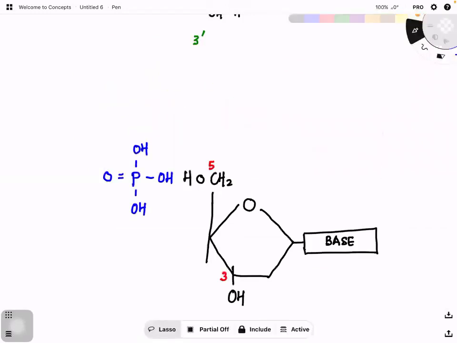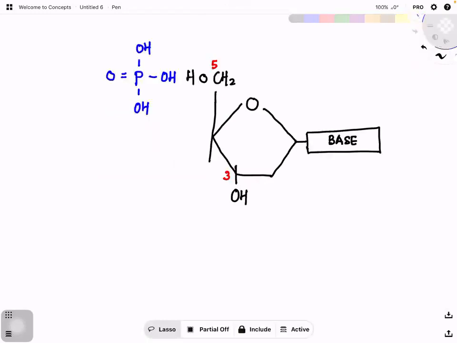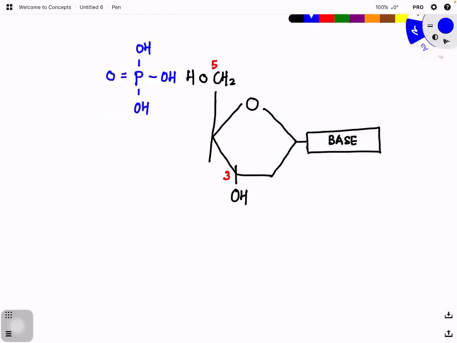So how does the reaction actually take place? Now look at this. Phosphate is an acid. CH2OH is an alcohol.